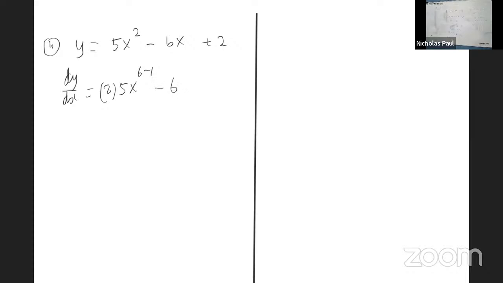What's the differential of a constant? So it's 0. I just showed in the last example. The differential of 2 is 0. So you'll be left with dy/dx is equal to 10x minus 6.